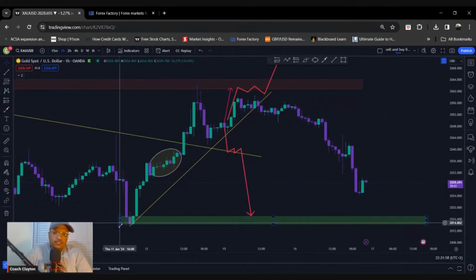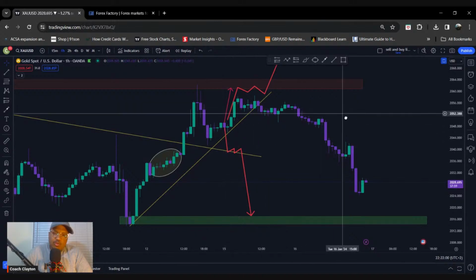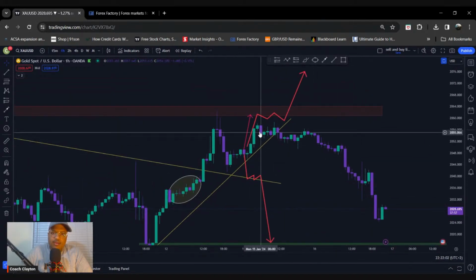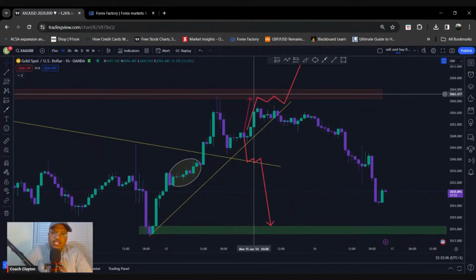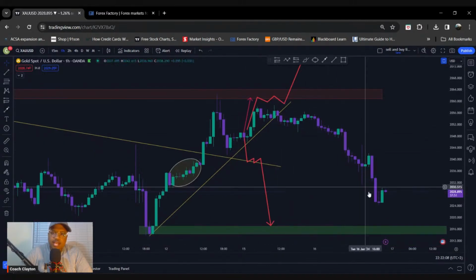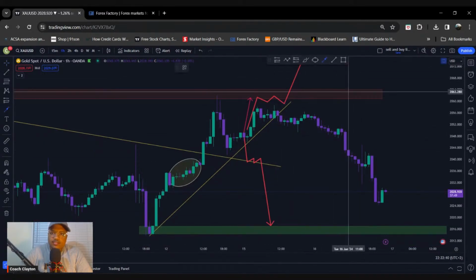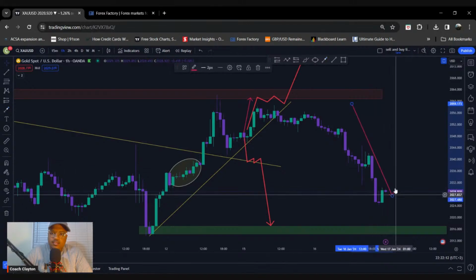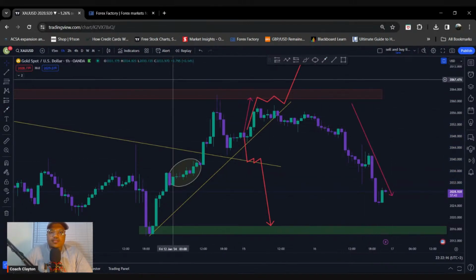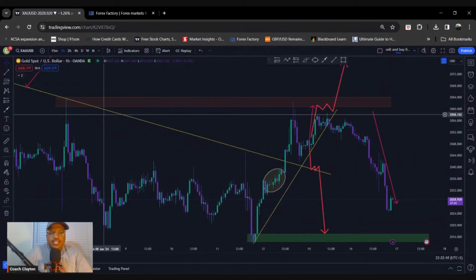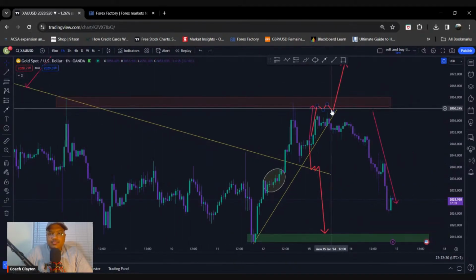We have seen this uptrend also forming. However, we have seen that gold reached the supply zone and dropped, right? And dropped. However, it reached a supply zone.